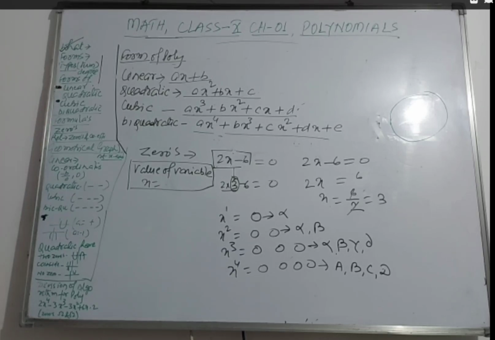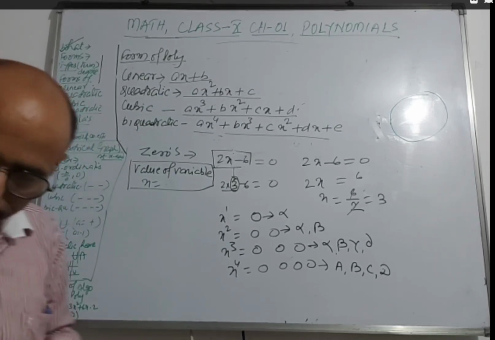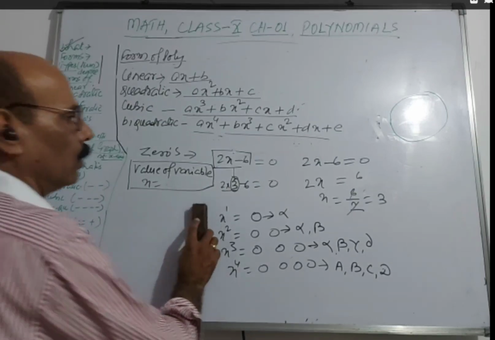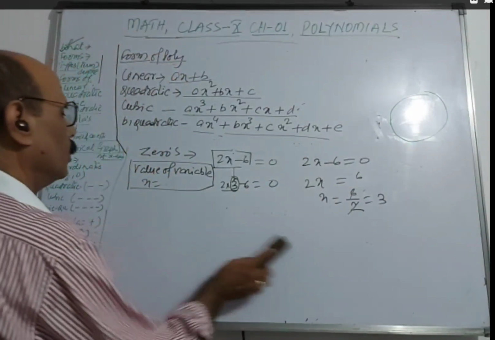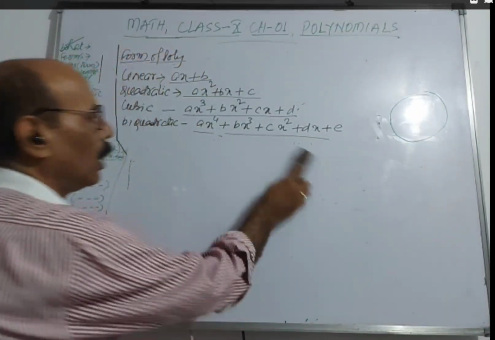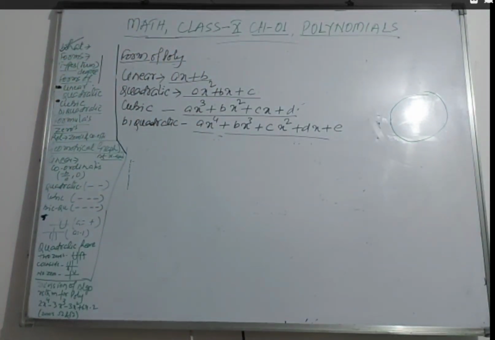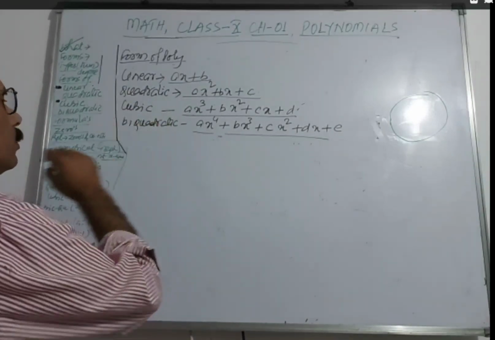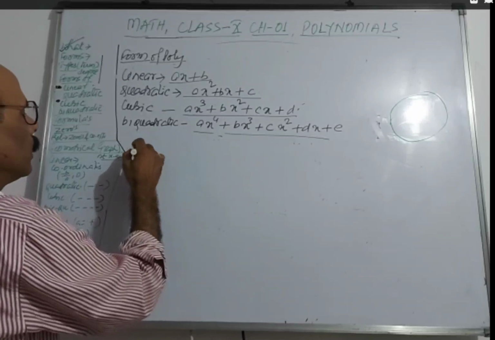Quadratic. Formula of polynomial. Zeros of polynomial, formula of polynomial. The formula of a polynomial will be asked only when the zeros are given.